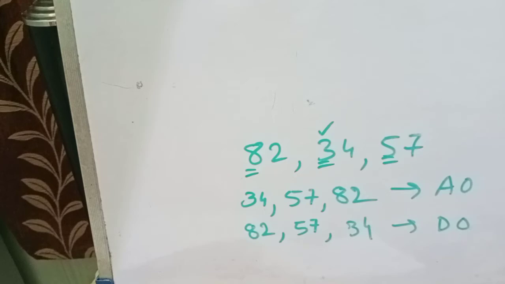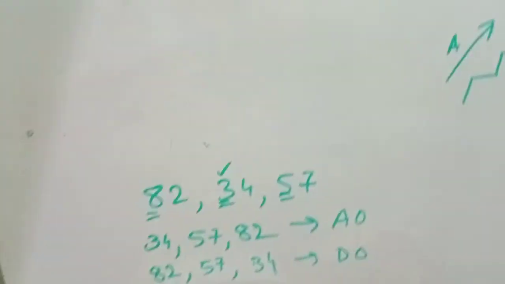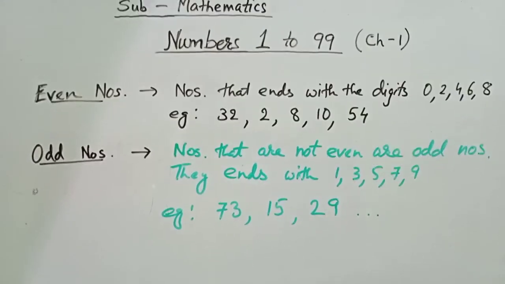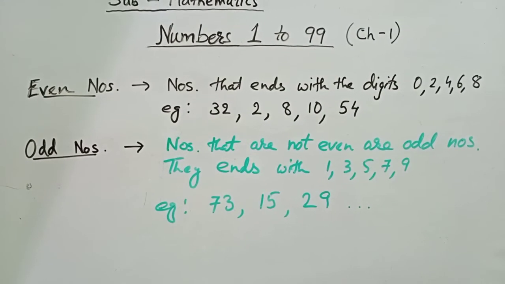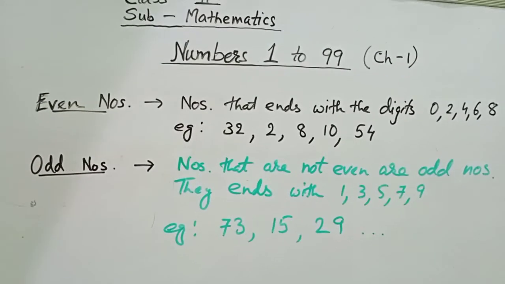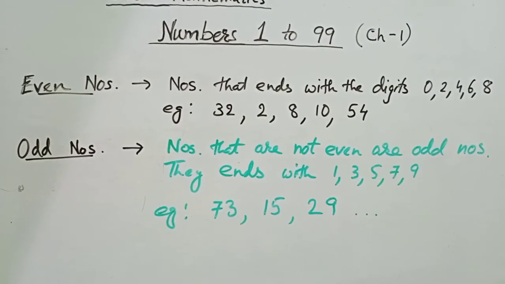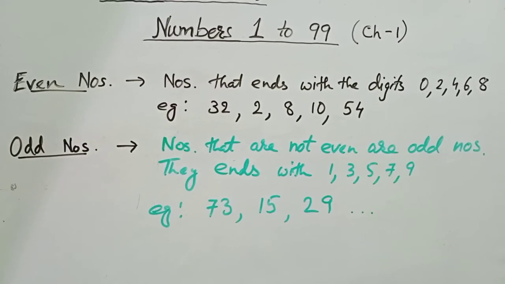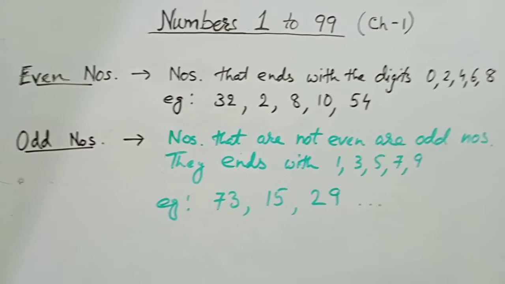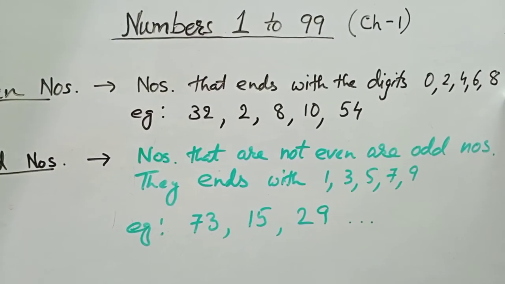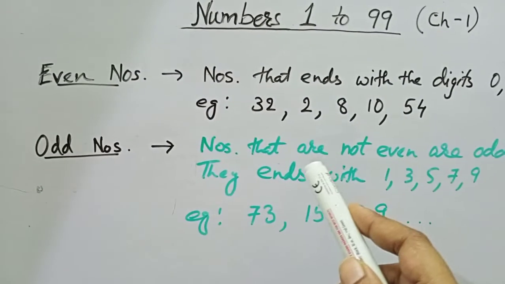Keeping these concepts in mind, there is one more part, that is even and odd. Now to discuss even numbers and odd numbers. See what even numbers are. Numbers that end with the digits 0, 2, 4, 6, 8 are called even numbers.